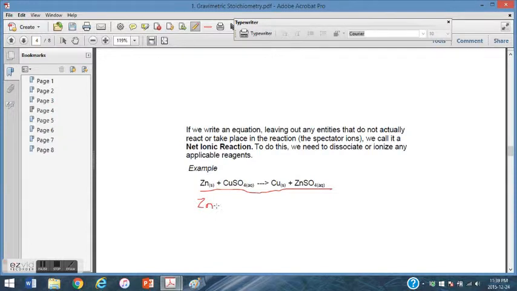And so what I actually have here is zinc as a solid. You should be writing this down. I've got copper 2 sulfate, which has formed Cu2+ ions. They're aqueous. You need to write the subscripts that, in fact, these are aqueous things. Sulfate, so SO4 2-.